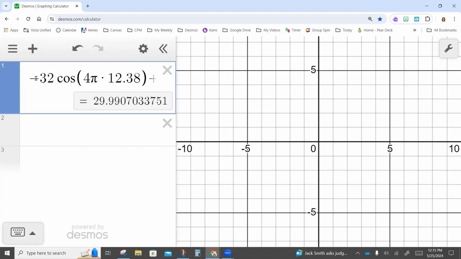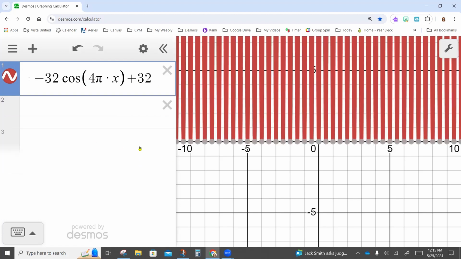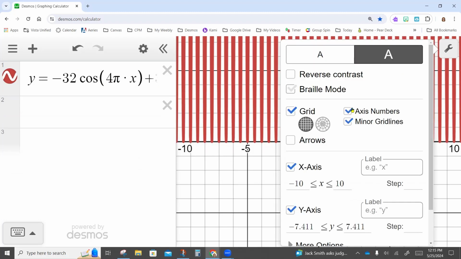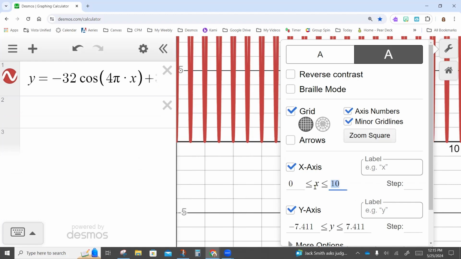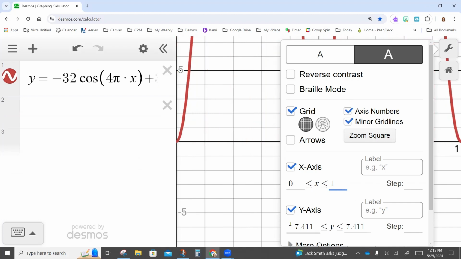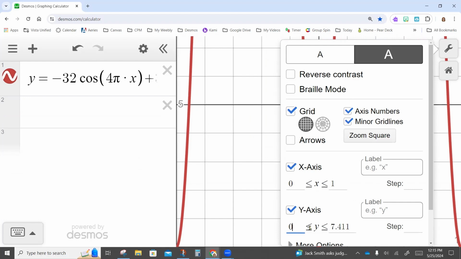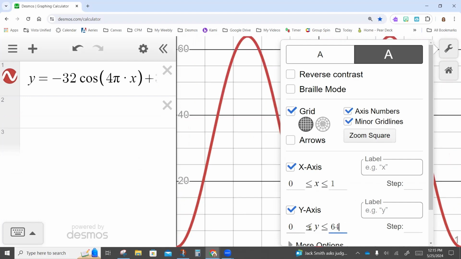So I'm going to go y equal, and I'm going to put x here instead. Now, this is going kind of crazy because every half a second, it has a revolution. So let's just change this. Let's say we go from 0 to 1 just to see what's happening. And it needs to go from 0 to 64.